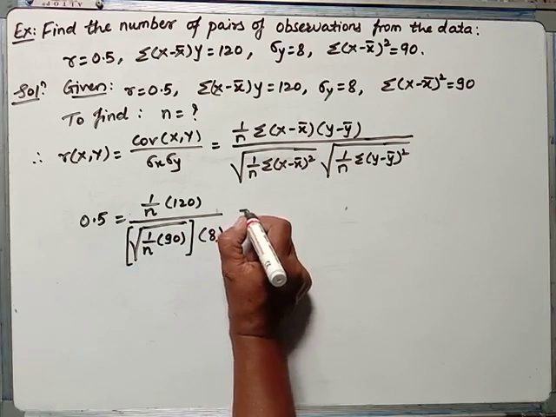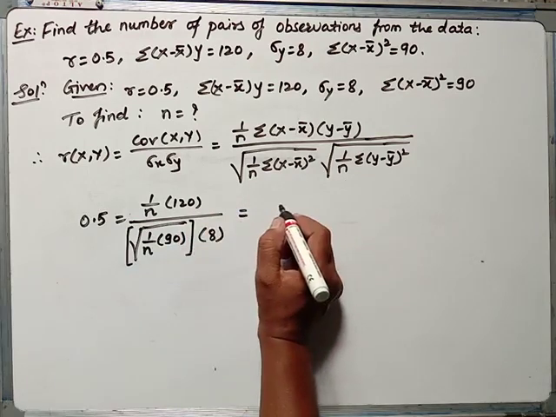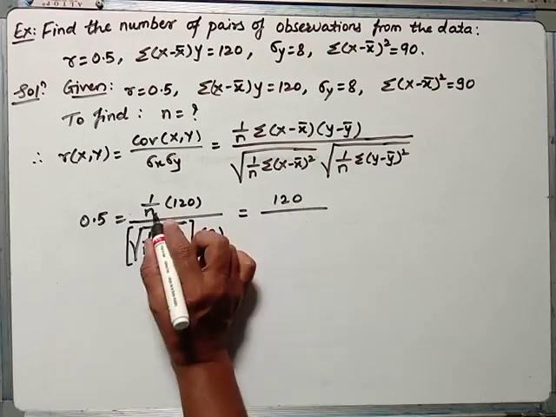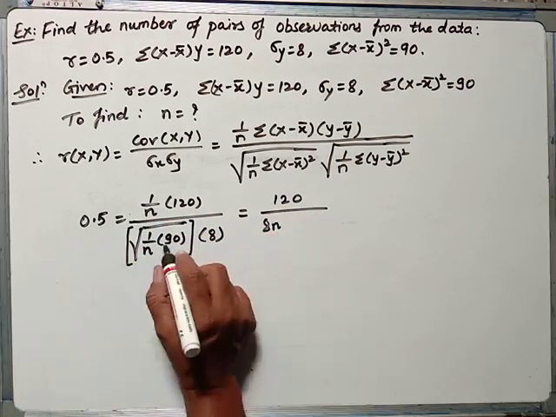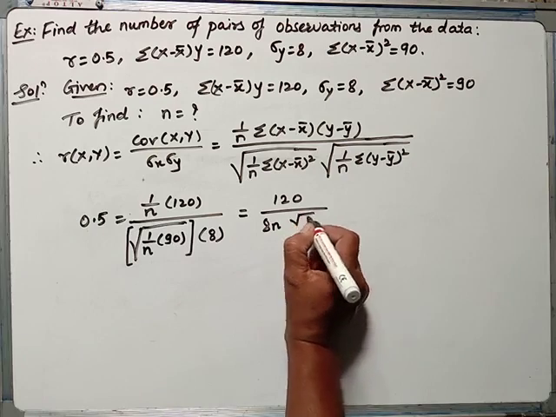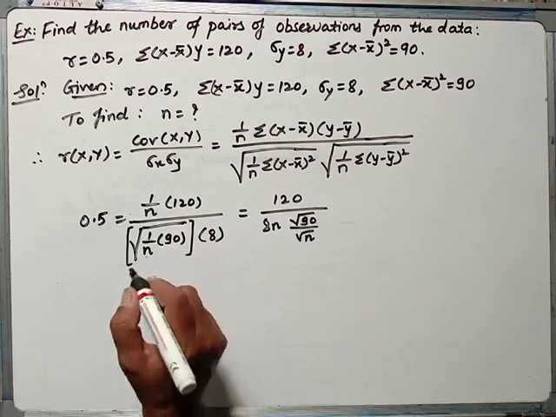So now this can be written as 120 upon, let me take the denominator with this 8n. This can be written as root 90 upon root n, this is in a square root.